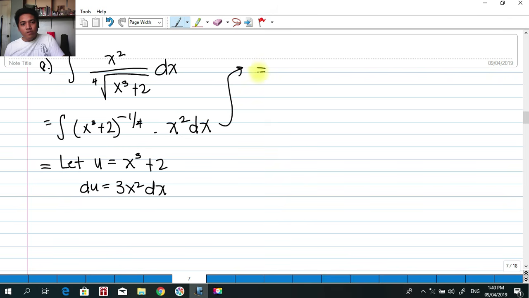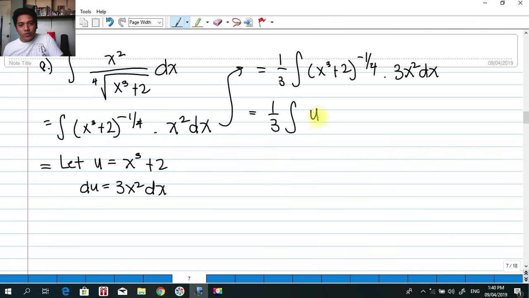We must multiply this by 3 and offset a 1/3 outside of the integral. So we have now 1/3 of the integral of x cubed plus 2 raised to negative 1/4 times 3x squared dx. So we can substitute 1/3 the integral of u raised to negative 1/4 du. So we have here 1/3 u raised to negative 1/4 plus 1, that should be 3/4, so u raised to 3/4 over 3/4 plus c.